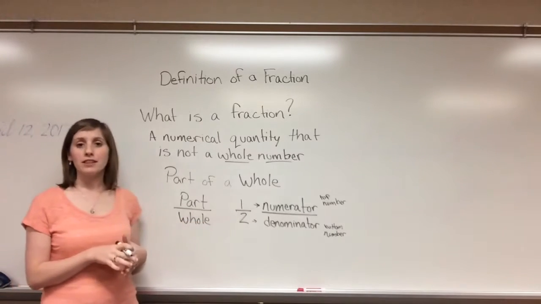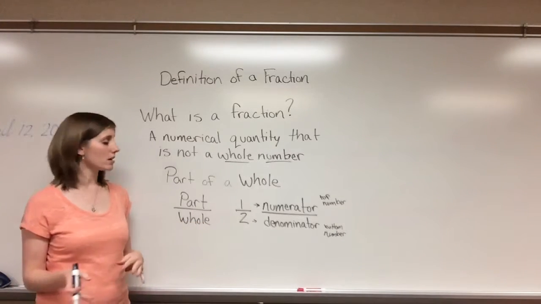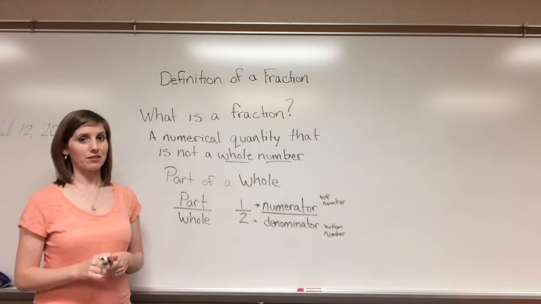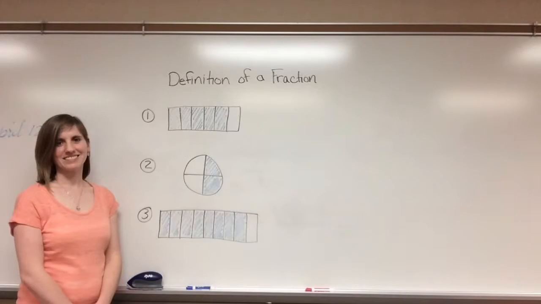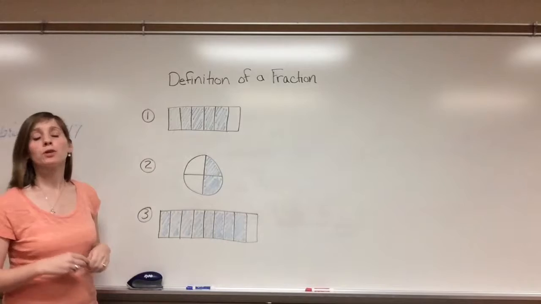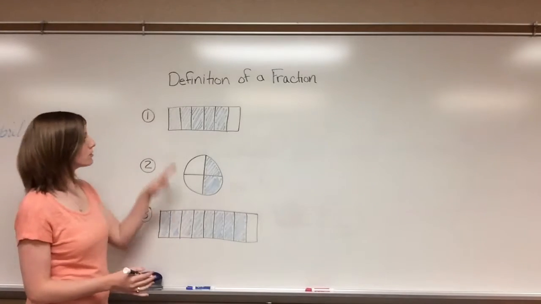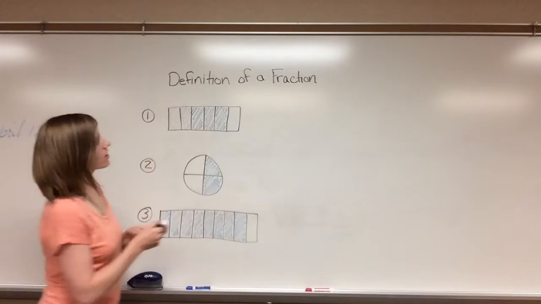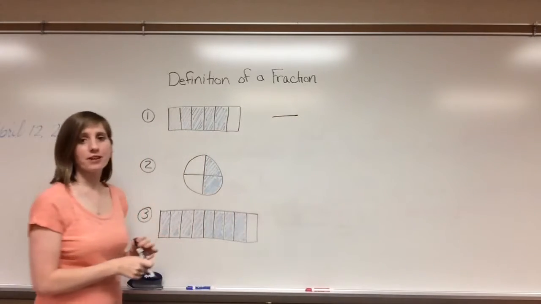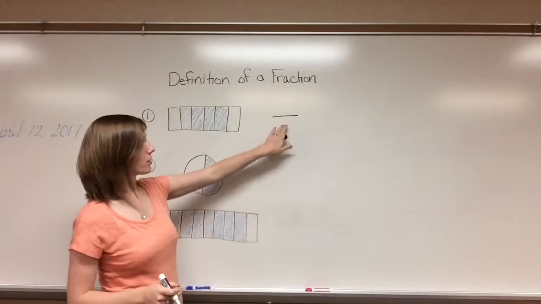So what we're going to do at this point is take a look at our video guide, and we're actually going to go through some of the examples together. For problem number 1, if we take a look at our picture here, we're going to just write a fraction to represent the picture. So we already know we have our fraction here. Now remember, for every fraction, we put the part over the whole.